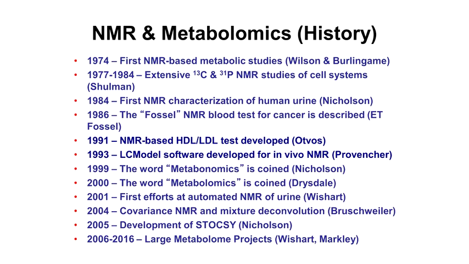So I'm going to take a brief tour of the history of NMR-based metabolomics and maybe give you some context. The idea of using NMR to measure metabolites and even looking at mixtures was started back in 1974, and it was published in a paper by Wilson and Burlingame. Burlingame is actually a mass spectroscopist now, but he launched the whole field of NMR-based metabolomics.